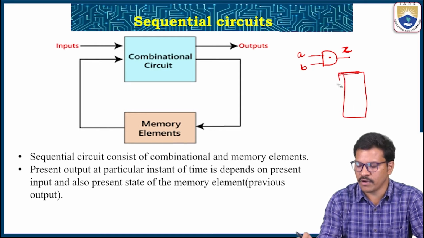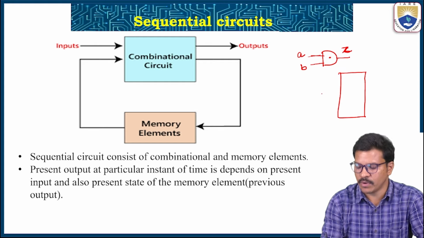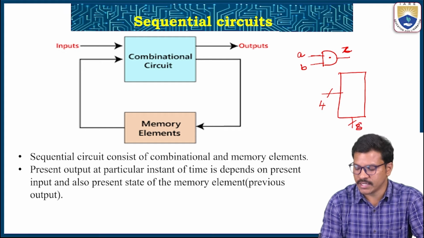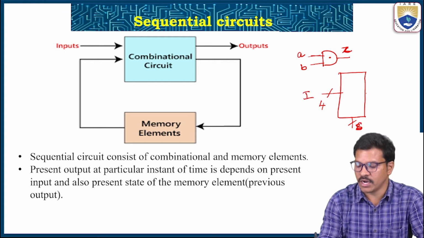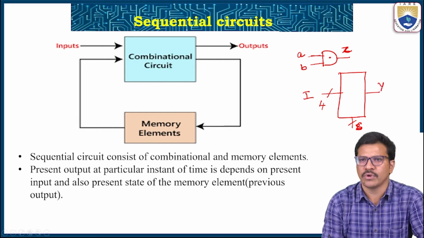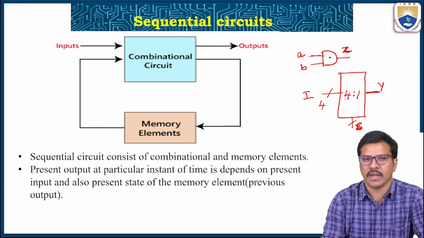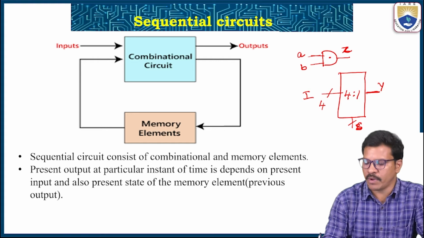A 4:1 mux has 4 primary inputs, 2 select lines, and 1 primary output.